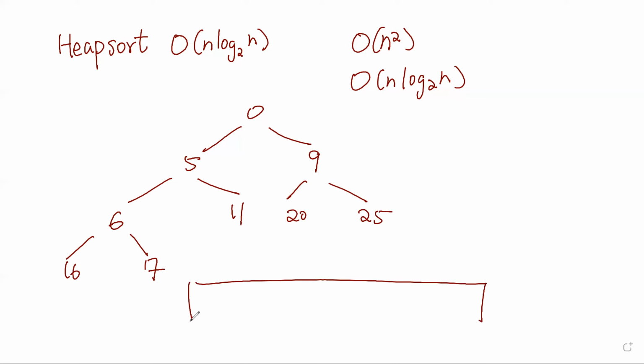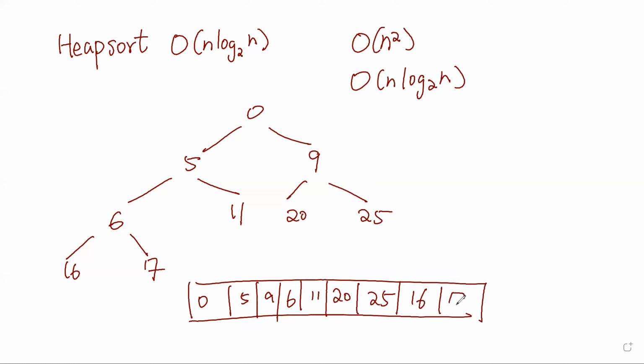And then we have this array. Is this correct? I haven't double checked. 6, 11, 20, 25, 16, 7.